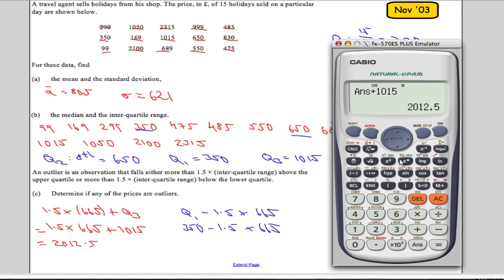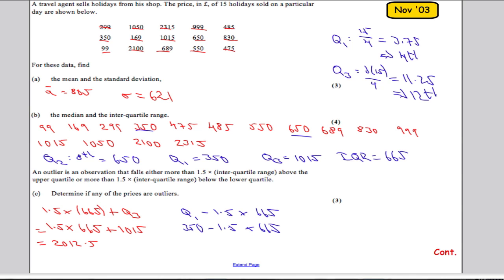So plug that into a calculator. 350 minus 1.5 times 665 gives me minus 647.5.